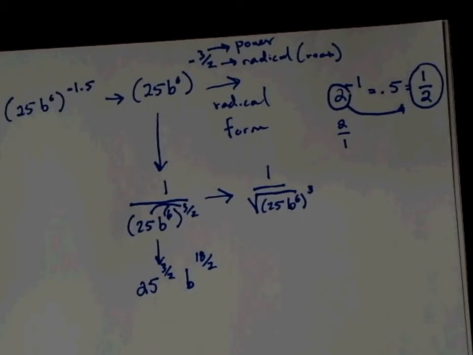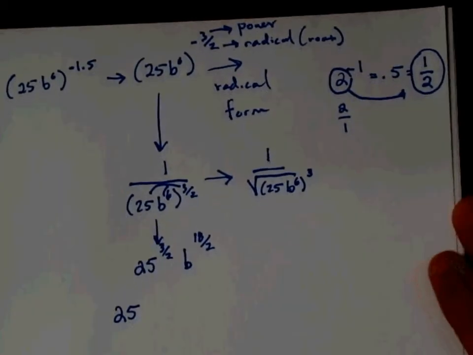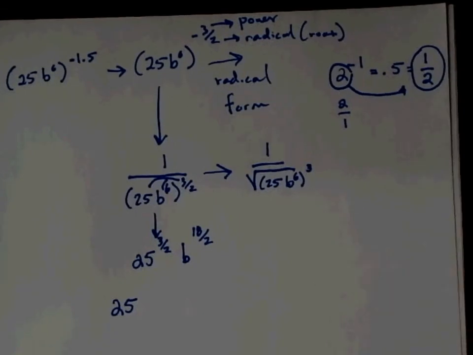And it's still over 1. I'm just working with the denominator right now. Did the 3 not get multiplied to the 25? 25 is to the power of 1. So that power of 1 was multiplied to the 3/2.